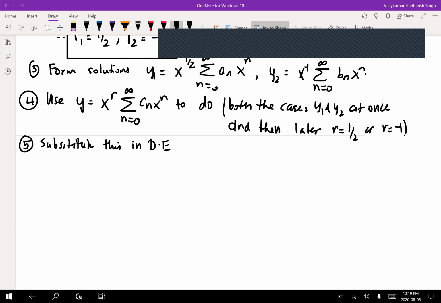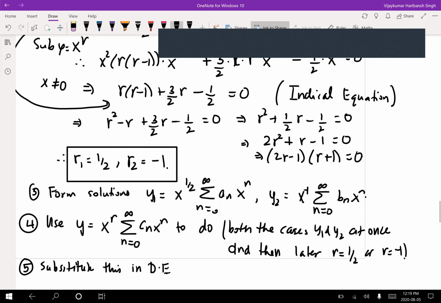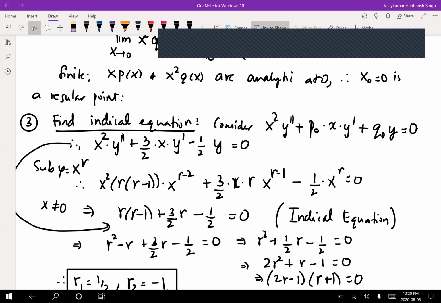What do we get when we substitute this in the original DE?